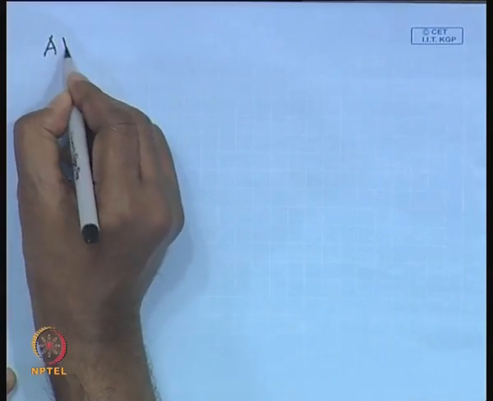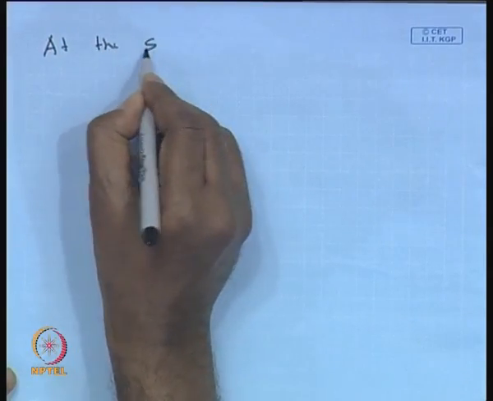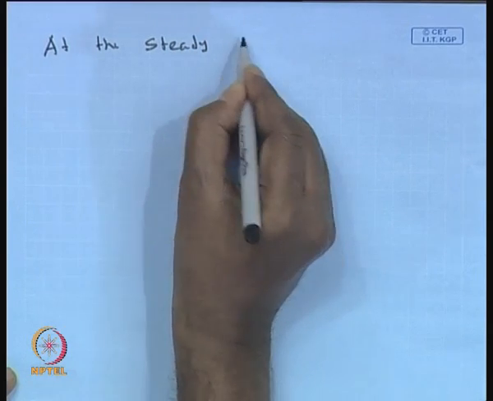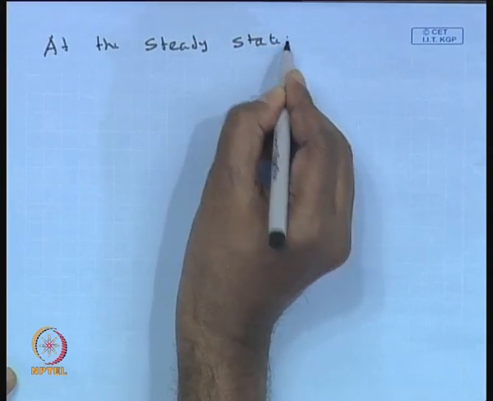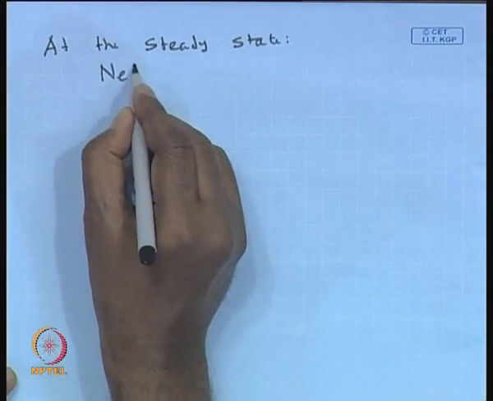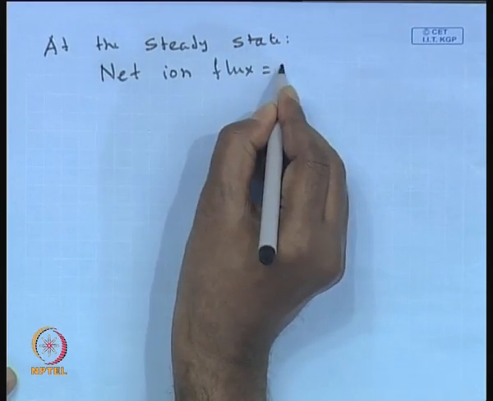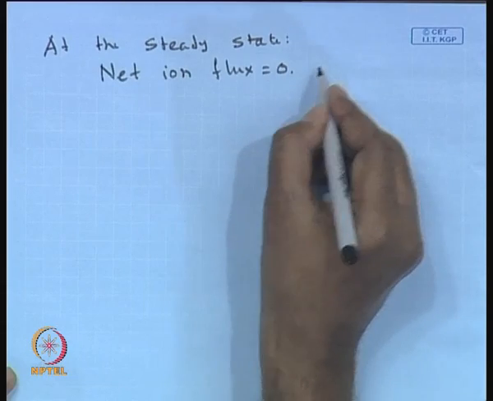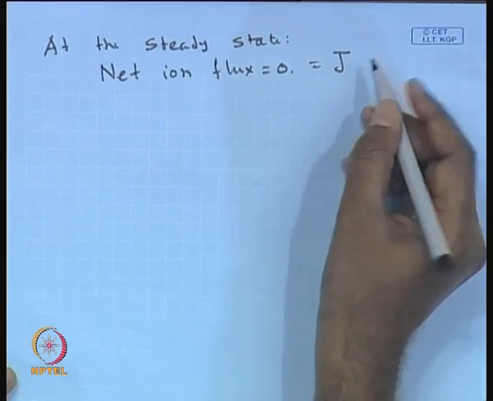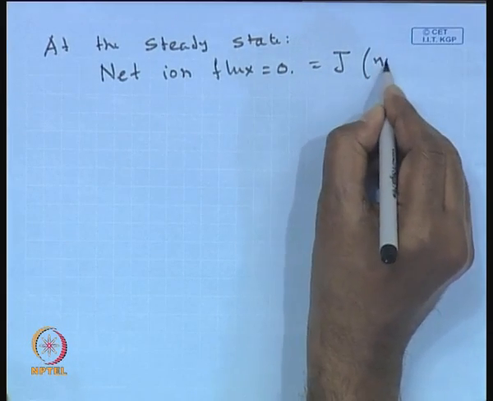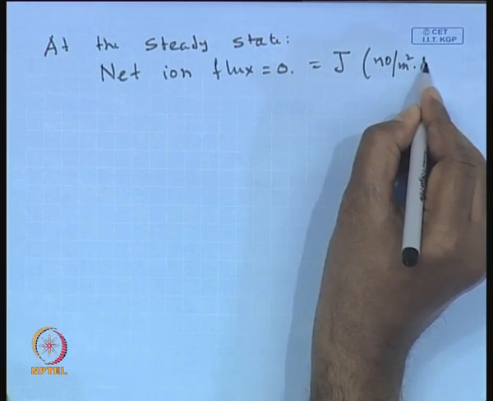Now, at the steady state, we say the net ion flux is equal to 0, and the net ion flux we denote by J, okay, and flux is number per meter square per unit time.